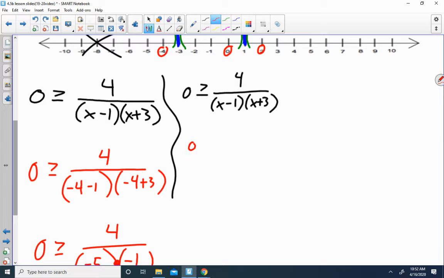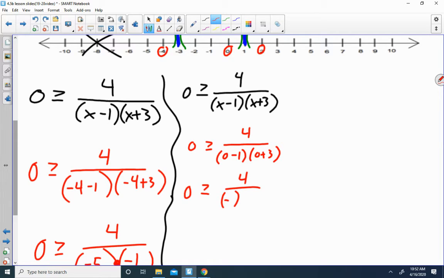Plug in 0, you get 0 minus 1, 0 plus 3. 0 minus 1 will give you negative 1, and then 0 plus 3 will give you 3. Simplify that, you'll get 4 over negative 3, which is basically the same thing as negative 4/3.